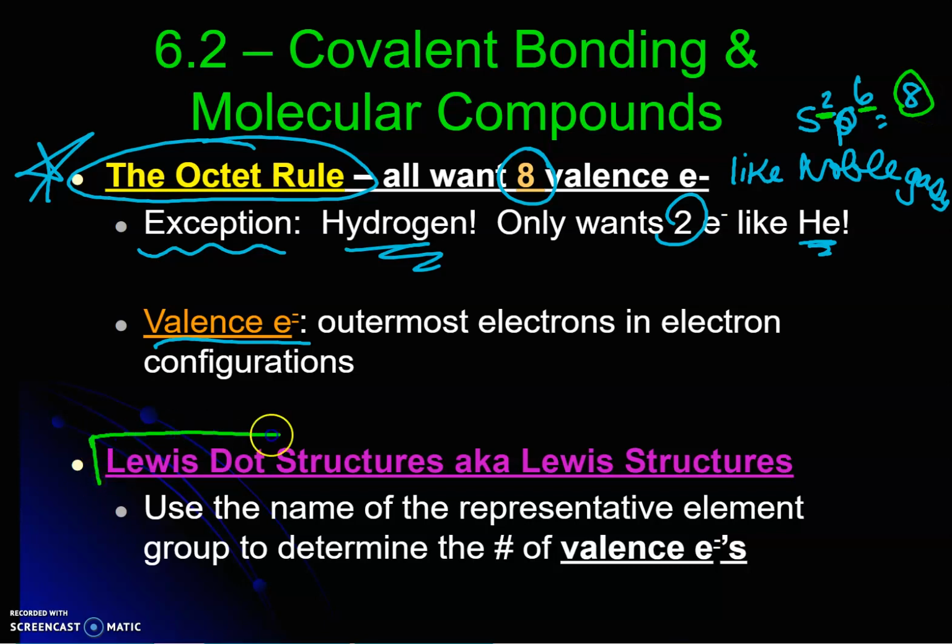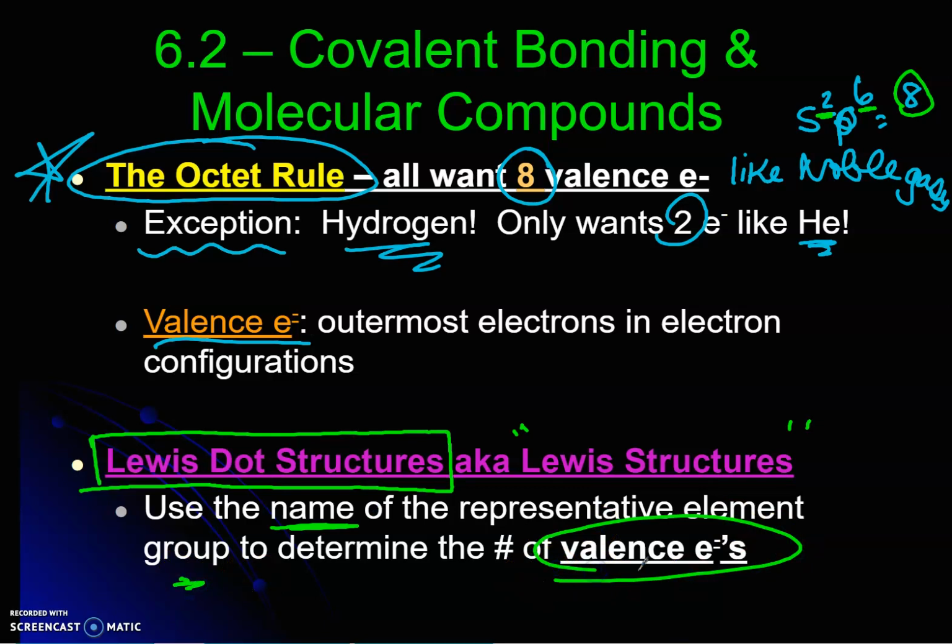So we're going to draw something called Lewis dot structures, which you probably have done a little bit in bio class. They're sometimes called just dot structures or Lewis structures, but it uses the name or symbol of that element and its group to determine the number of valence electrons.